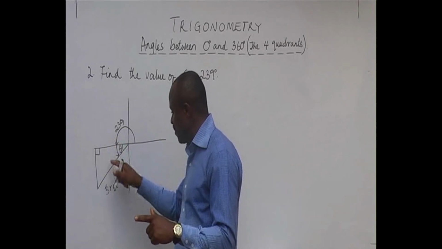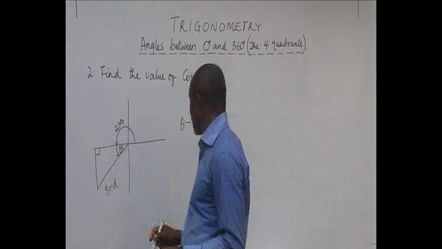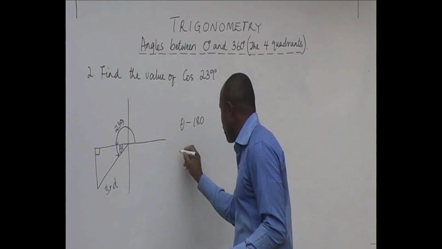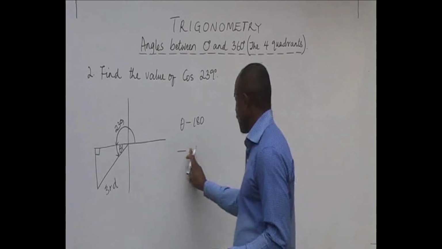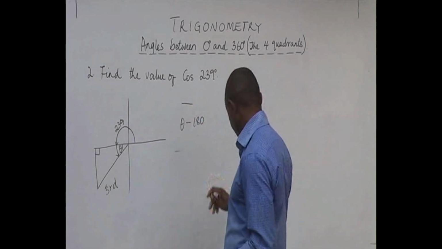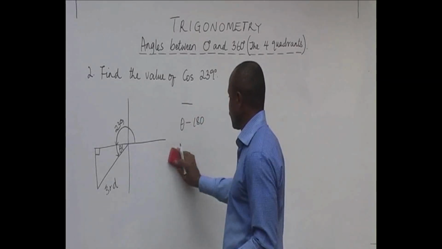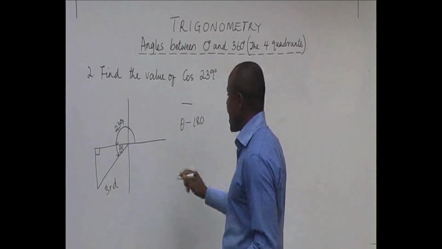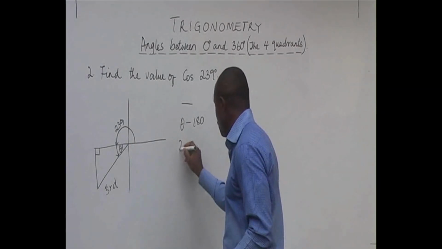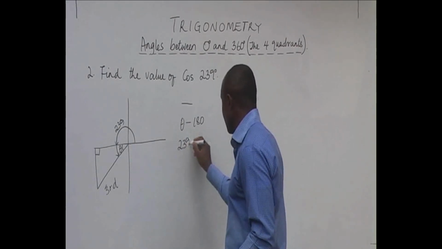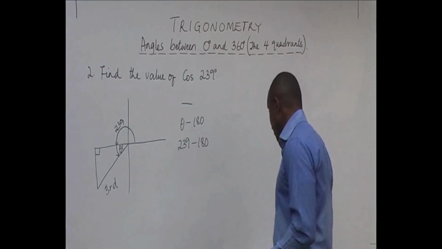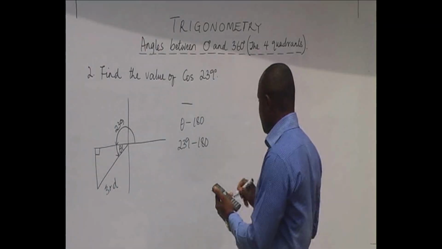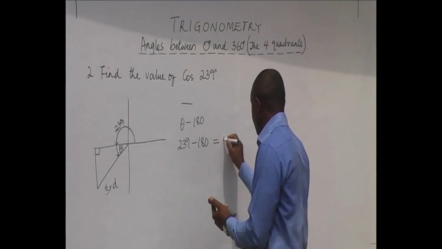So negative divided by positive will give you negative. That means any value we find for this angle will be negative. So let me put it up here. Now the law applicable here is theta, which is 239 minus 180. Use a calculator and find that value, 59 degrees.